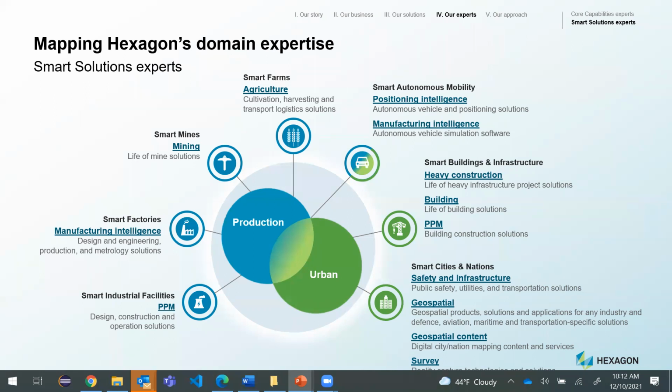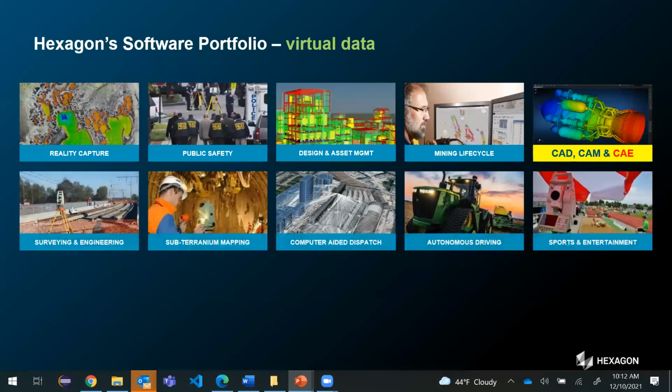Smart mines, agriculture, autonomous technologies, including intelligence and even autonomous driving simulation, which actually is in my division. Smart buildings, construction systems, again keeping track of data, providing planning and CAD systems that go along with that, and also things for smart cities. A very, very diverse set of holdings and technologies.